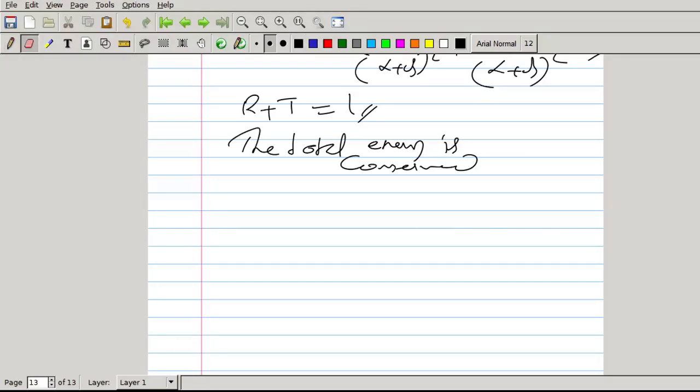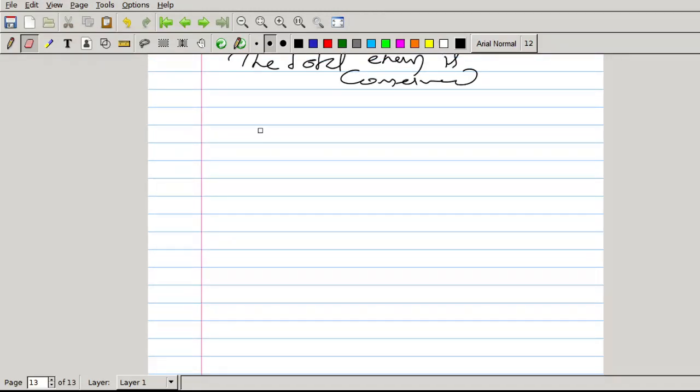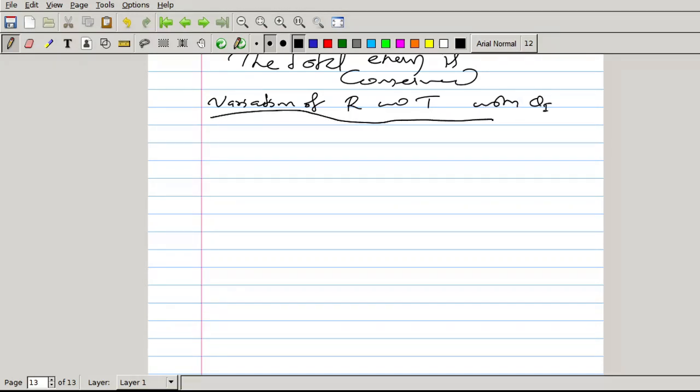The variation of R and T with theta I. As the angle of incidence changes, the reflection coefficient and transmission coefficient also change. Similar to the variation of the electric field vector, we can draw the variation of the reflection and transmission coefficient.